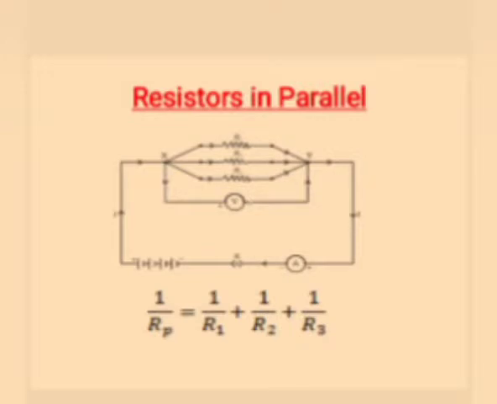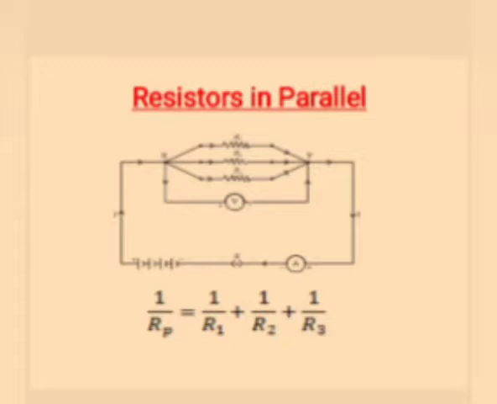Second method of connecting the resistors is resistors in parallel. Look at the circuit diagram. In the circuit diagram, the resistors R1, R2 and R3 are connected between the points X and Y. There is a battery. Positive terminal of the battery is connected to the point X and it is connected to the positive end of the voltmeter.